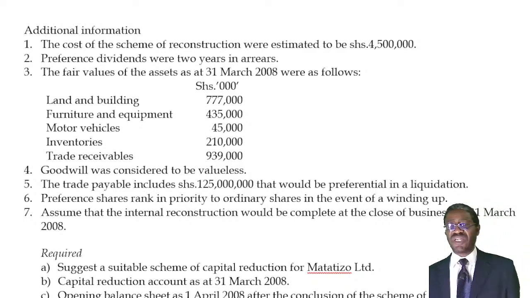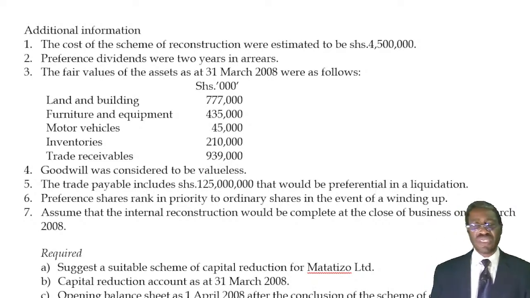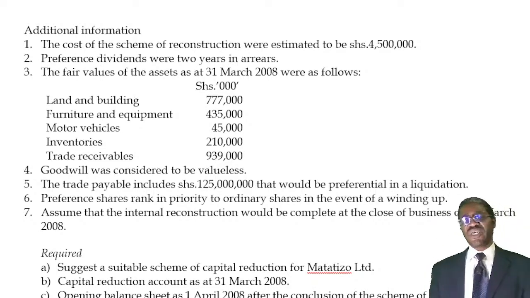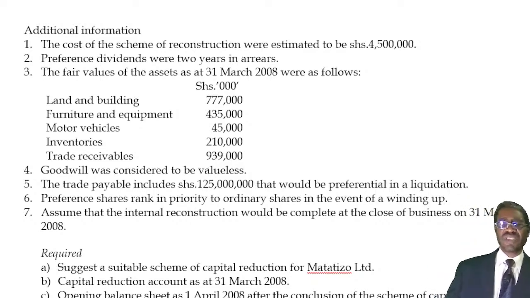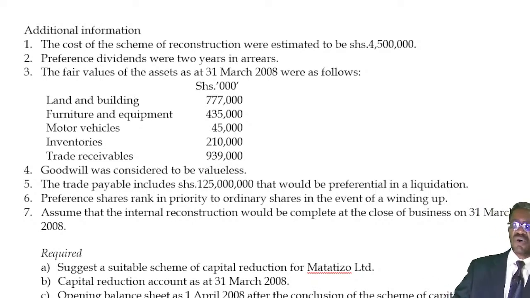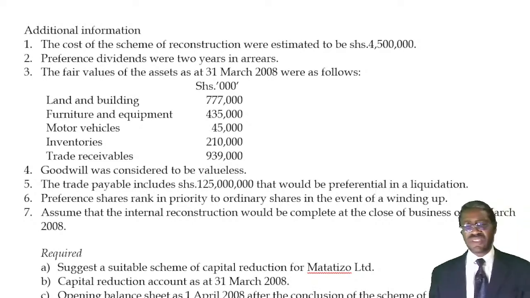Number six, preference shares rank in priority to ordinary shares in the event of a winding up. Number seven, assume that internal reconstruction would be complete at the close of business on 31st March 2008. Required.